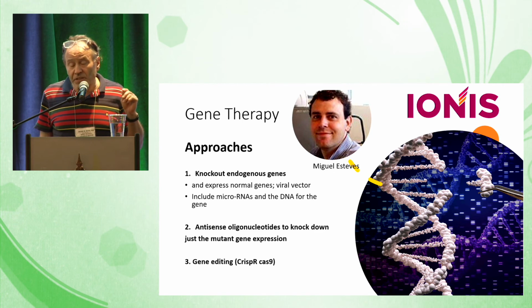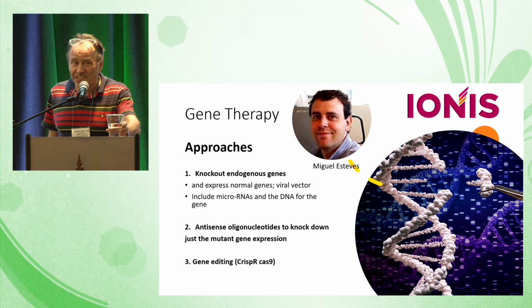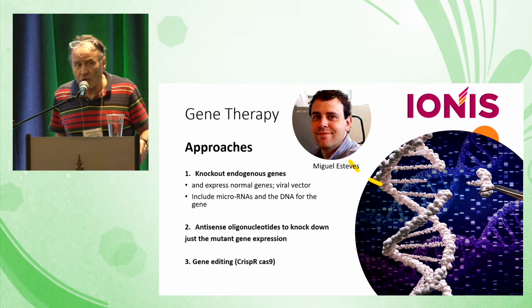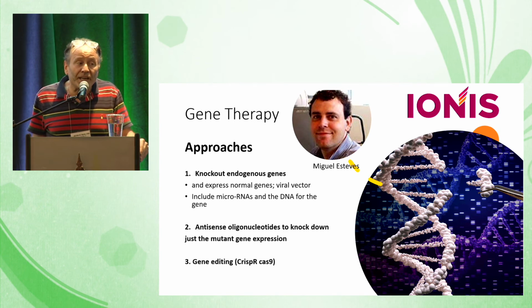So what this therapy is going to do is get rid of the mutant protein, or stop its expression, but it's not going to replace it. So it's not going to solve the haploinsufficiency part of it. But my guess is that's probably okay. You can probably get by with one Spastin gene.